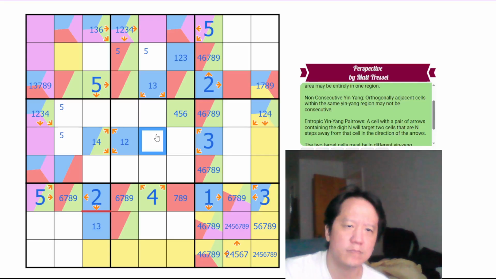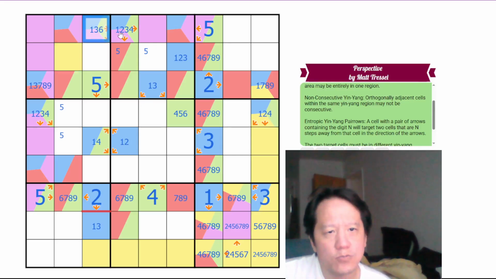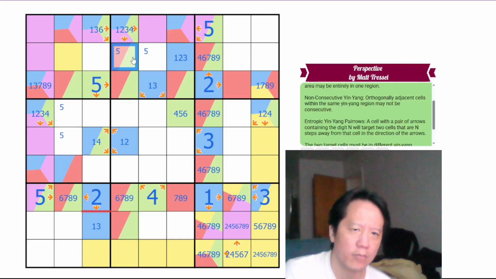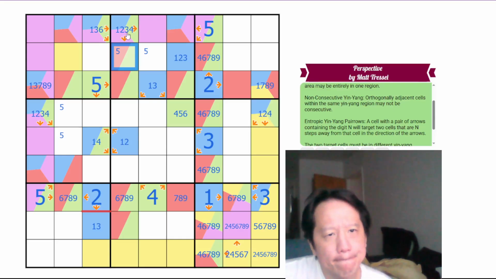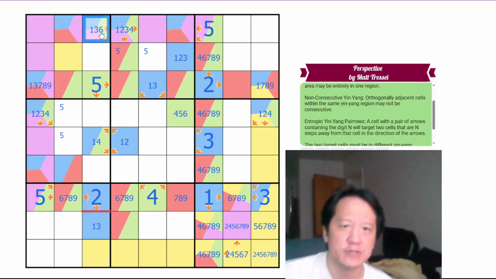We have yellow here. One away would be pink, so this would be yellow. If this were 2, this would have to be 6.